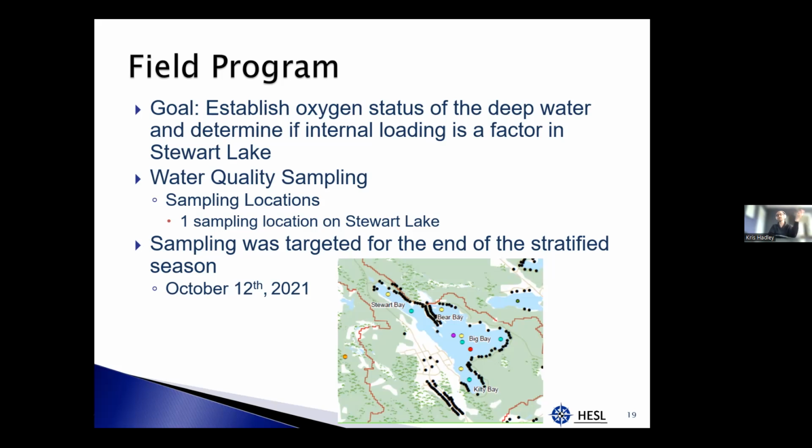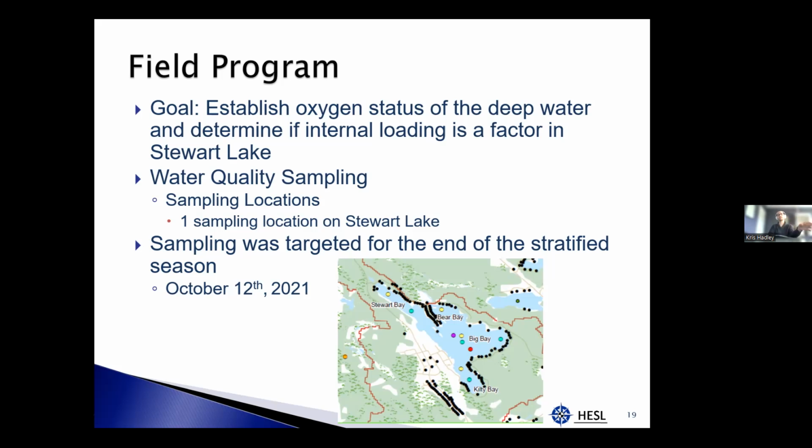When you remove the oxygen from that environment, it can cause phosphorus to release into the water column, which is then available for algae. Cyanobacteria are particularly good at taking advantage of that phosphorus because they can move up and down in the water column. So we wanted to understand whether or not internal loading was likely to be a problem in Stewart Lake, and whether or not the internal loading within the lake, if it was occurring, had changed over time.